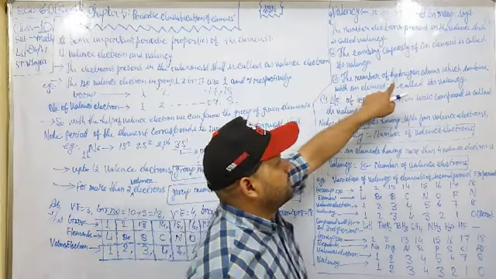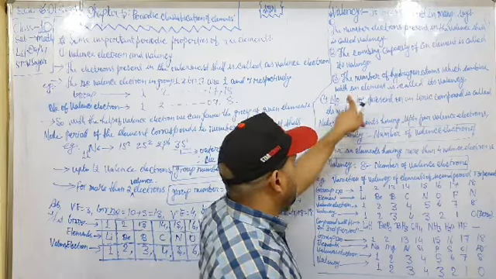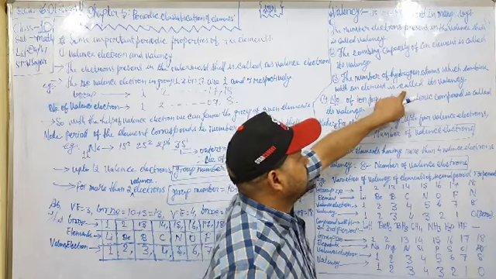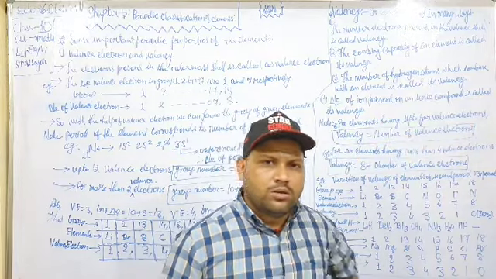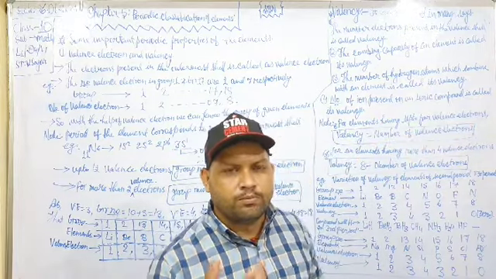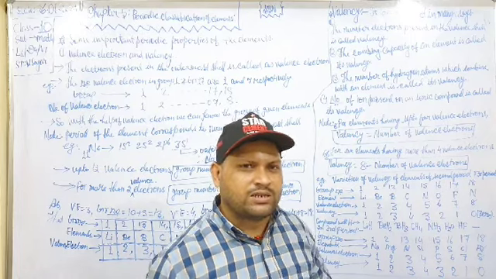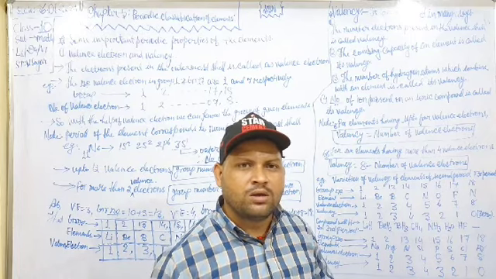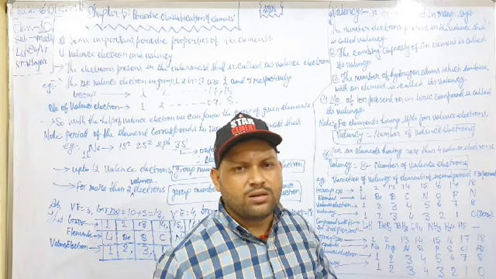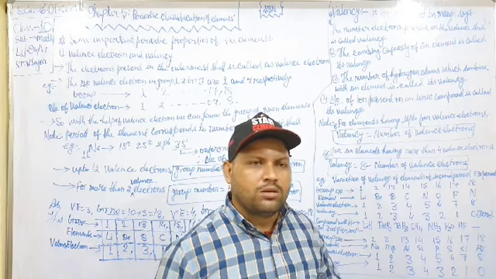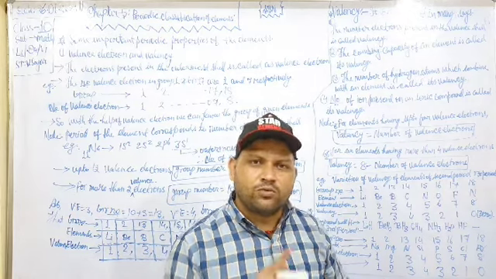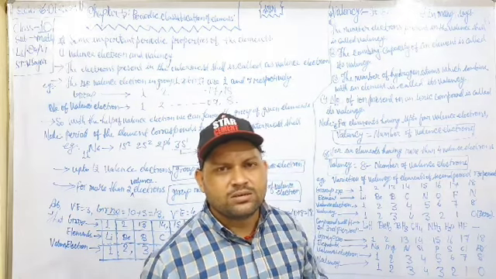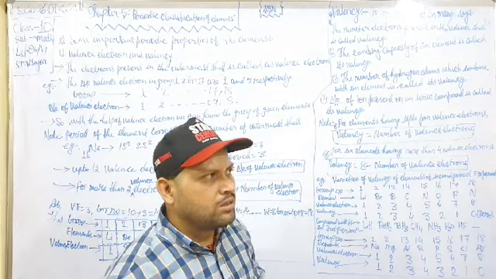The number of hydrogen atoms which combine with an element is called its valency. For example, take methane. What is its formula? CH4. There are two elements in it: one is carbon, another is hydrogen.